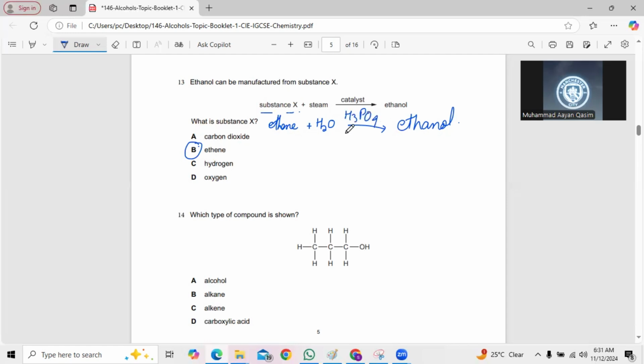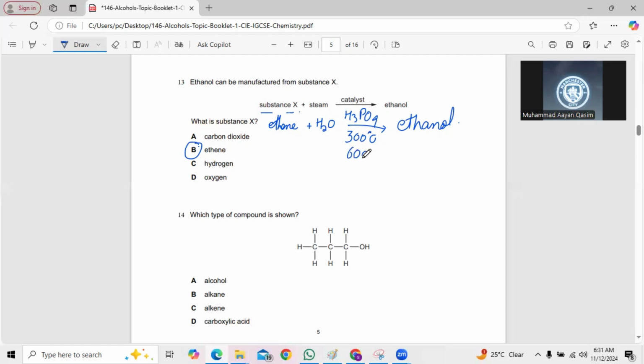And the temperature, what will it be, beta? What will be the temperature there? It's going to be like 300. Yes 300, and what will be the pressure, Ayan?